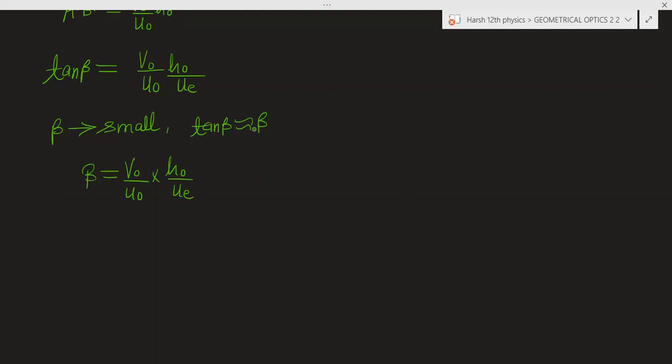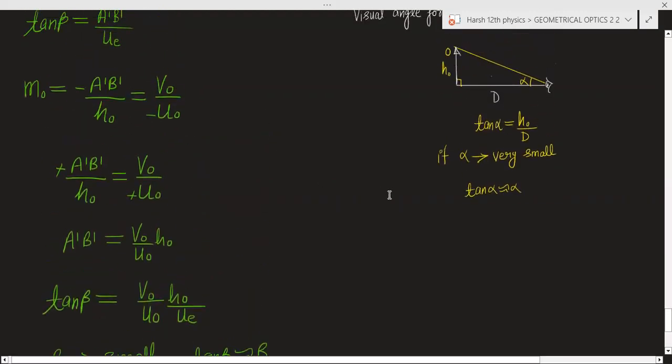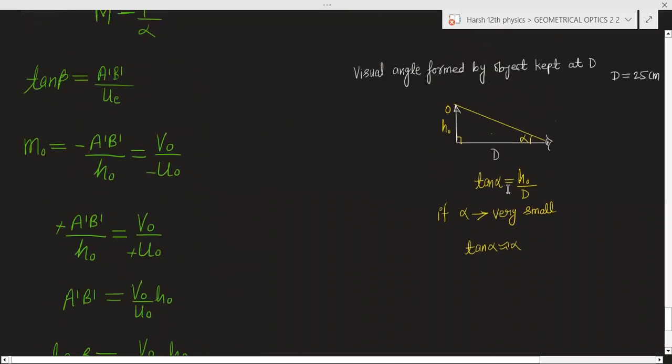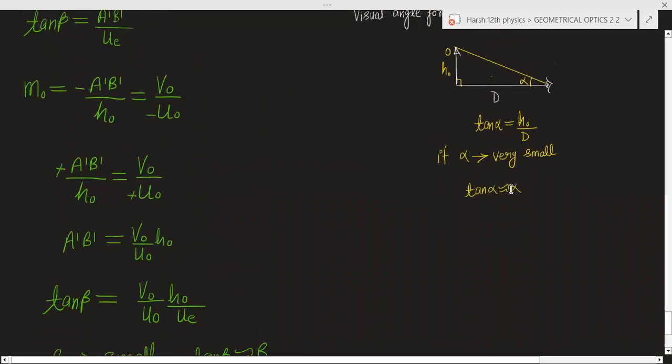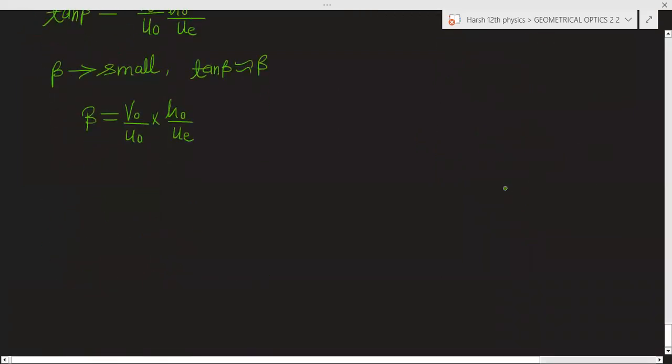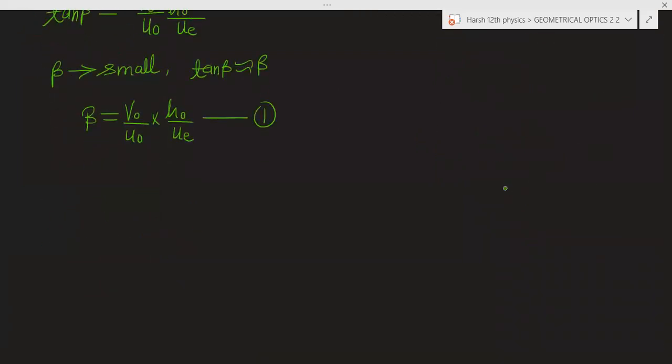Now, what is alpha? If tan alpha can be written as alpha, from here we can find alpha is equal to H naught by D. This is, suppose, equation number 2, and this is equation number 1. Now what is the magnification, beta by alpha? Put all the values.